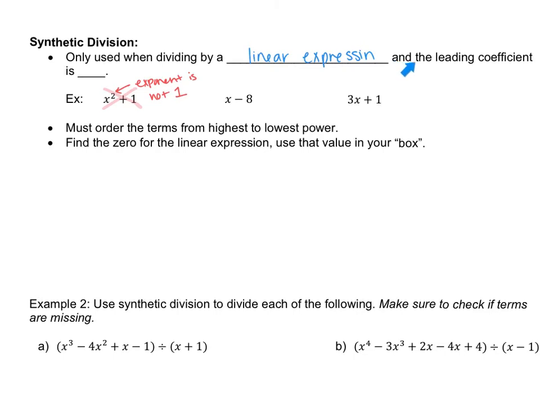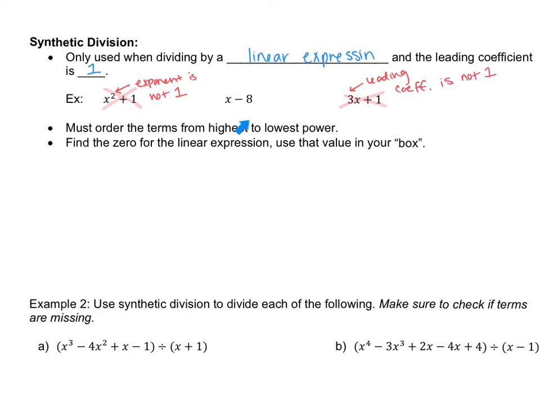Another thing is that the leading coefficient, the number in front of your highest power, always has to be 1. In this example, the highest power is x, and the number in front of it is a 3, so this won't do. The leading coefficient has to be a 1. If it's not a 1, it's not going to work here.